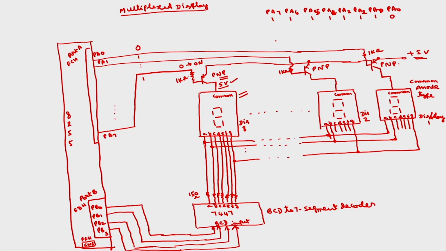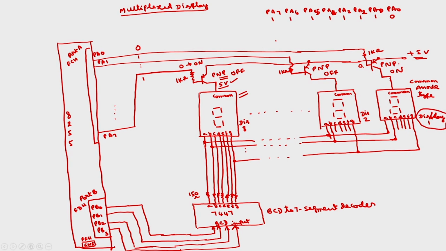So only the last display will receive logic 0 and be on, and the remaining will be off because we send logic 1, which makes the transistor act as an open circuit. Now the last digit, display 1, will be selected.